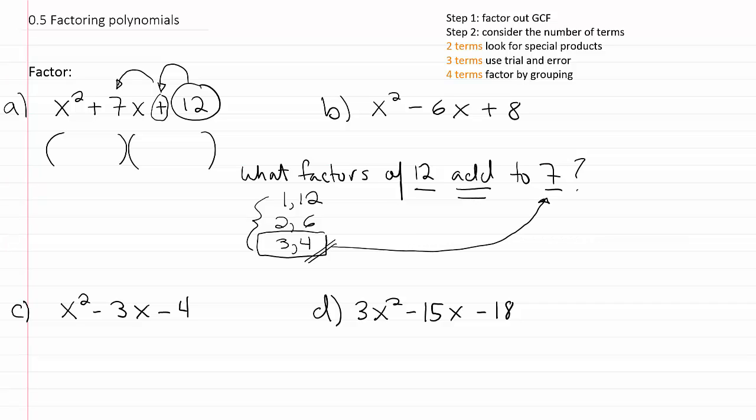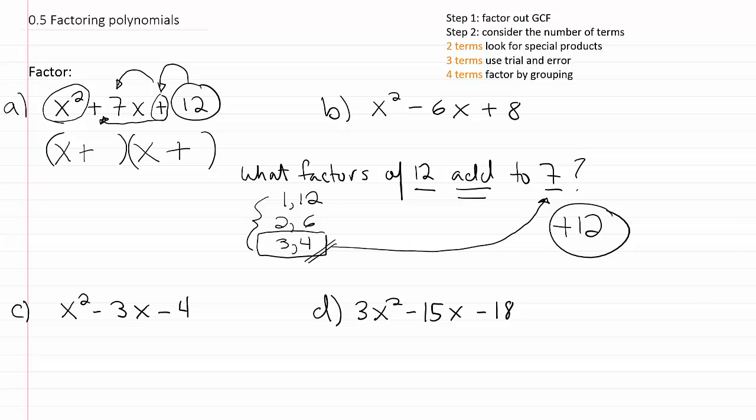So what we're going to do then is write down the x squared, the first term of this trinomial, in the beginning or front part of the parentheses that we have written on paper. And then we're going to remember something important. This plus sign is going to indicate we have two of the same sign, and that sign is going to be positive in this case. It's very important to remember that if the last term is positive, so we have plus 12, right? That's a positive number.